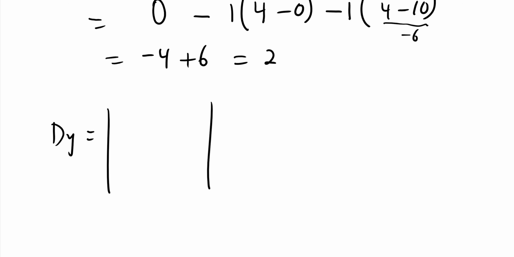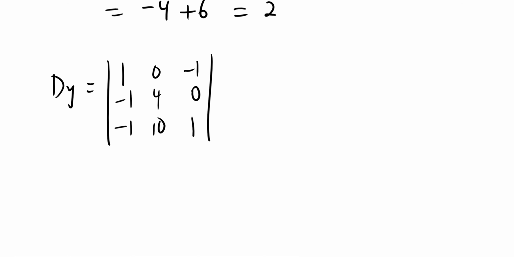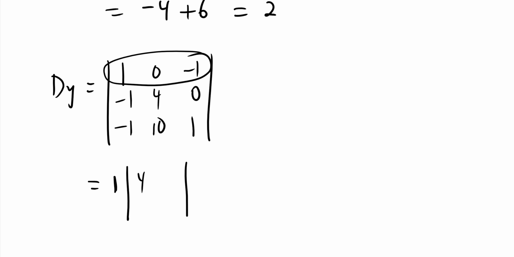For dy, we keep the coefficients of x the same. Replace the coefficients of y with the constants, 0, 4, 10. And keep the ones for z the same. So we're going to find the determinant of this. Let's say I'm going to pick this row, 1, and then we have 4, 10, 0, 1, minus 0, negative 1, negative 1, 0, 1, minus 1.